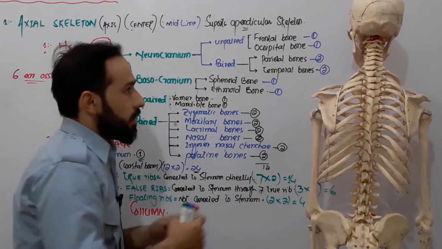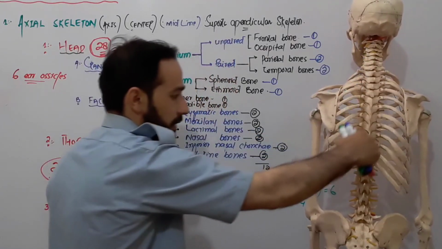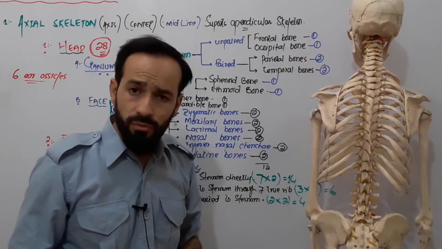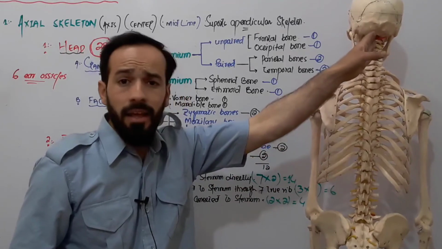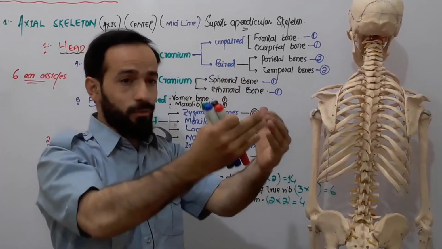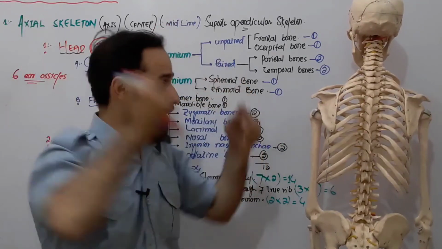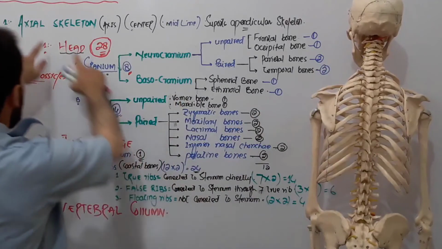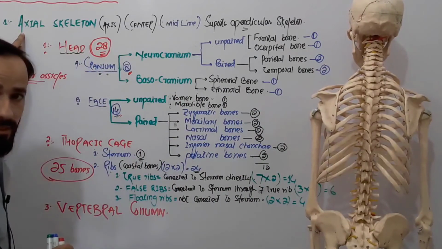Don't worry guys. Look, the vertebral column is present in the center of your body on the dorsal side. You know, this is the ventral side and that is the dorsal side. So it is present dorsally, right? And it is a part of your axial skeleton, right?